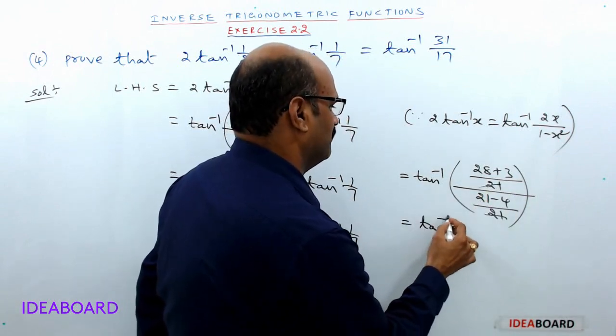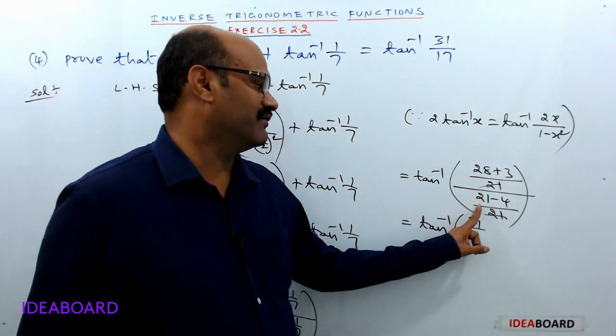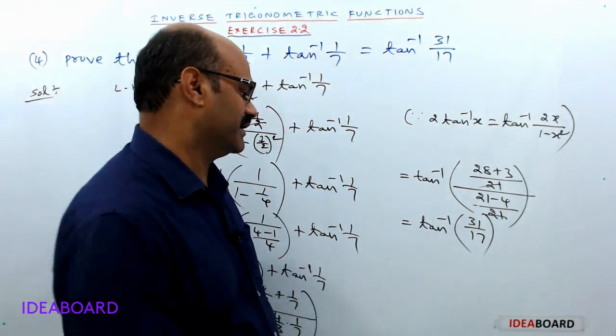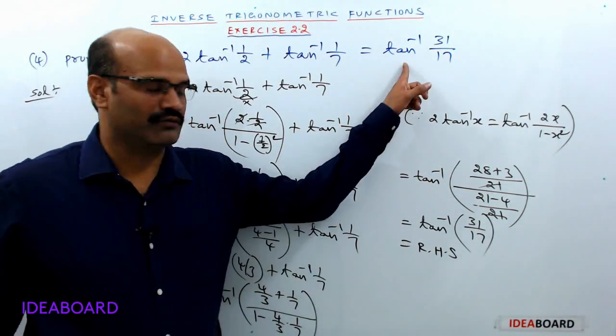So tan inverse of 31 by 21 minus 4 equal to 17 equal to RHS. Hence proved.